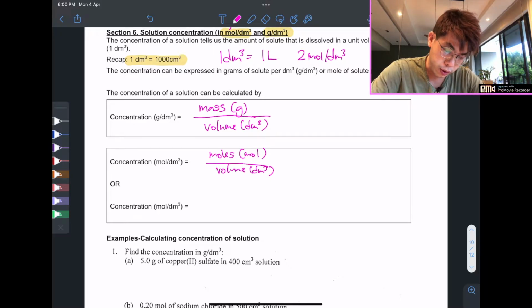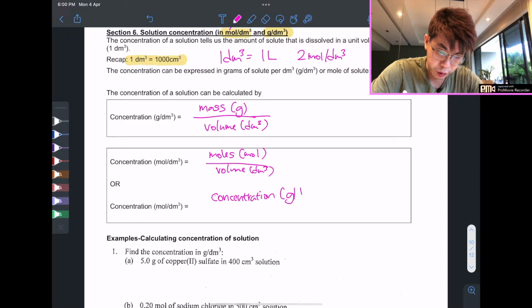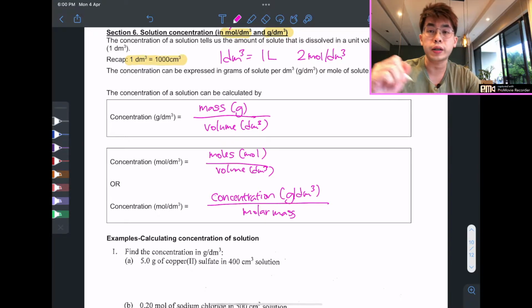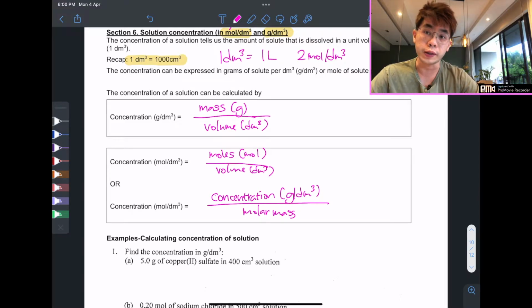You can also take the concentration in gram per dm cube, divided by molar mass, and we will also get the concentration in mole per dm cube. So I think what's important first is to have a fundamental understanding of what concentration is.